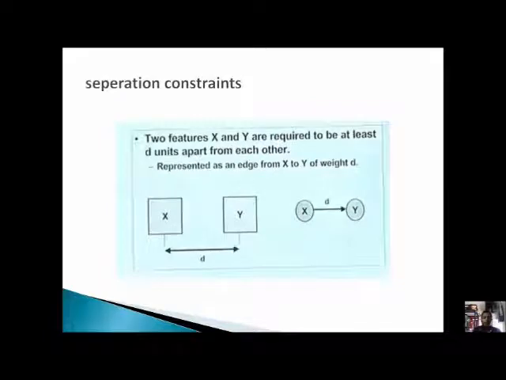Now coming to the separation constraints, they tell only about the distance we have to maintain between the two blocks. Here the two features x and y are required to be at least d units apart from each other. These are the vertices, and this is the edge representing d, the minimum distance that should be between the two blocks. This is the separation constraint.